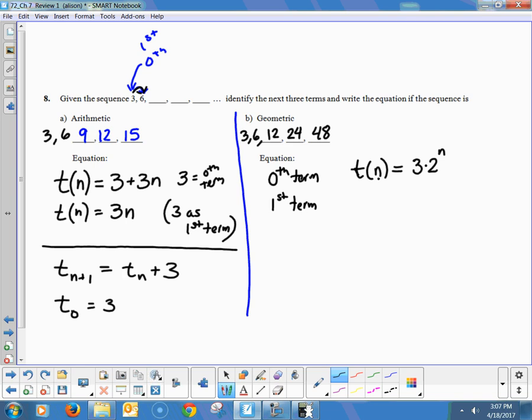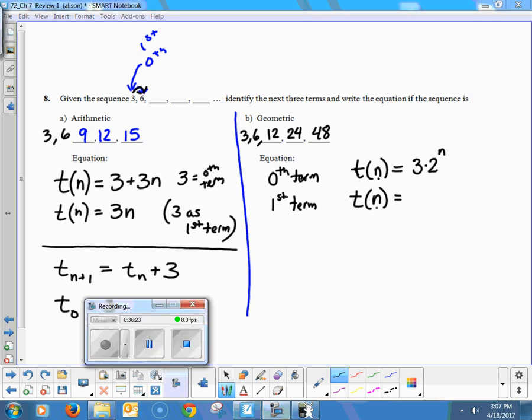If 3 is the first term, then there are a couple of ways we could write that. Well, that means if we plug in 1, we want to get 3. So we could say it is, boy, let me think about this a little bit. Well, I thought about it, and I'm thinking if we plug in 1, we want to get 3.